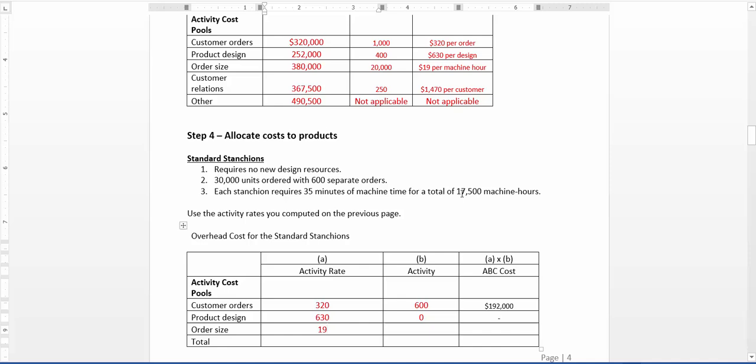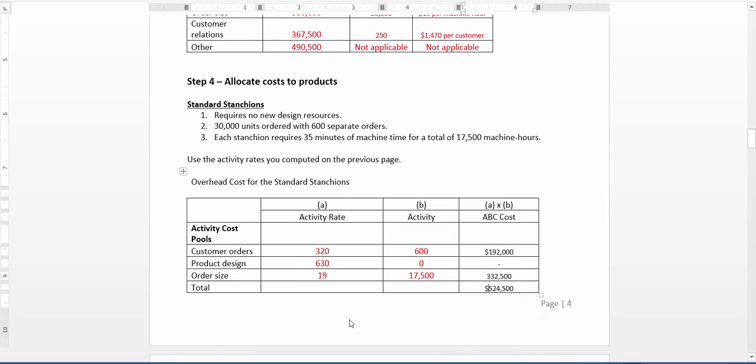And it tells us that we have 17,500 machine hours. So we're going to multiply the 19 by 17,500, and that will give us $332,500. So our total activity-based cost for the standard stanchions for overhead is going to be these two added together, $524,500.